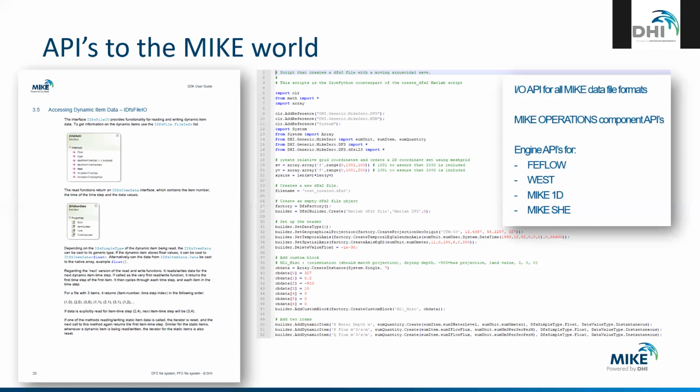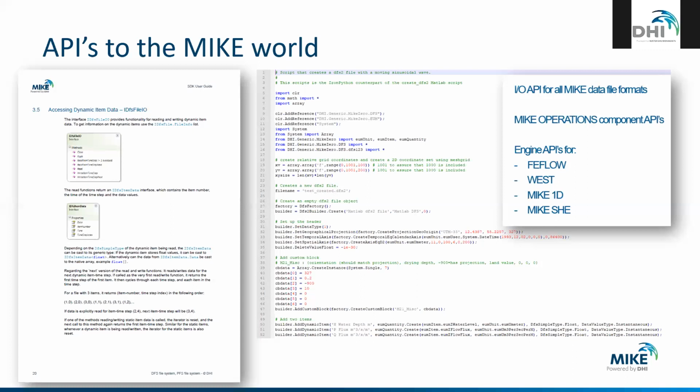You can bring that information and the model results alive with dashboards. Each of those components has an API, so you can actually integrate your tools and your code within the Mike Operations. So again, it just makes it infinitely extensible.